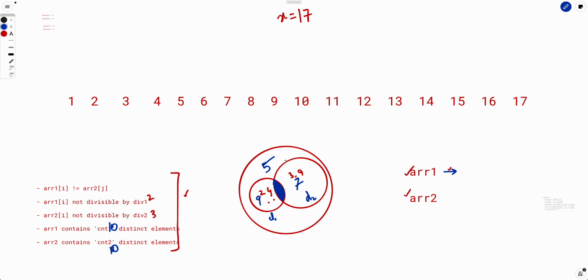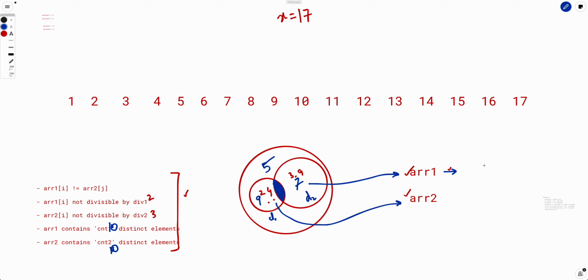Now what you are saying is these 5 integers can go in both array 1 and array 2, right? But these 9 integers can go only in array 2, and similarly these 7 integers can go only in array 1. So how exactly will you make this configuration?